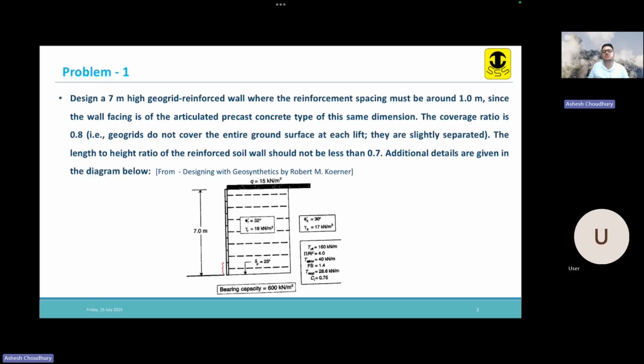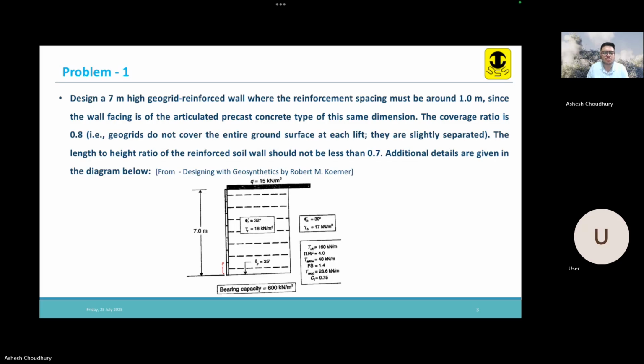So that's why you have to use this coverage ratio, 0.8. The length to height ratio of the reinforced soil wall should not be less than 0.7. This is the criteria that is given to us. And then we have additional details that are given in the diagram. So we will see whatever details we need, and we will use those details as per our requirement from this diagram.